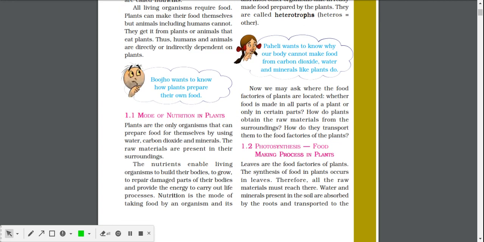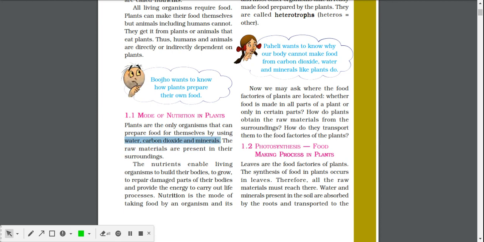So, Wujo wants to know how plants prepare their food. Do you know how plants prepare their food? Obviously, you all know the process known as photosynthesis, which we are going to explain in this video as well. Mode of nutrition in plants. Plants are the only organisms that can prepare food for themselves by using water, carbon dioxide, and minerals in the presence of sunlight, obviously.